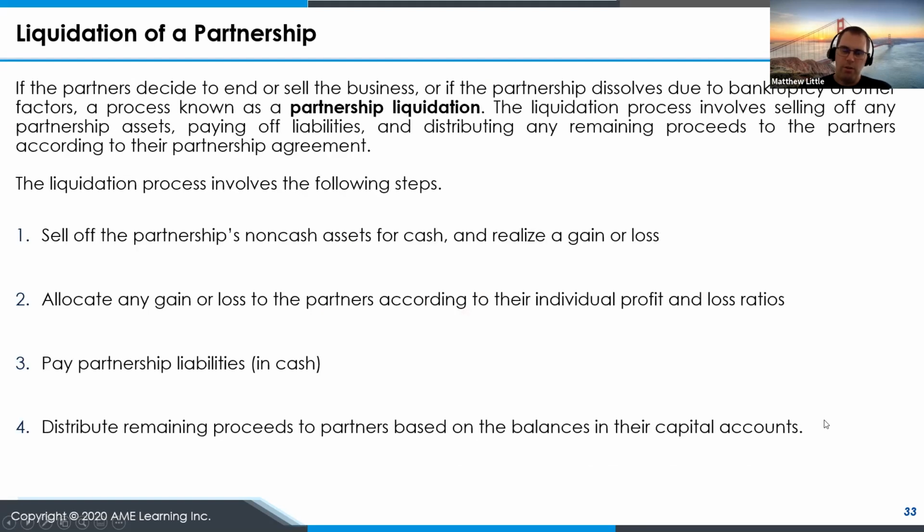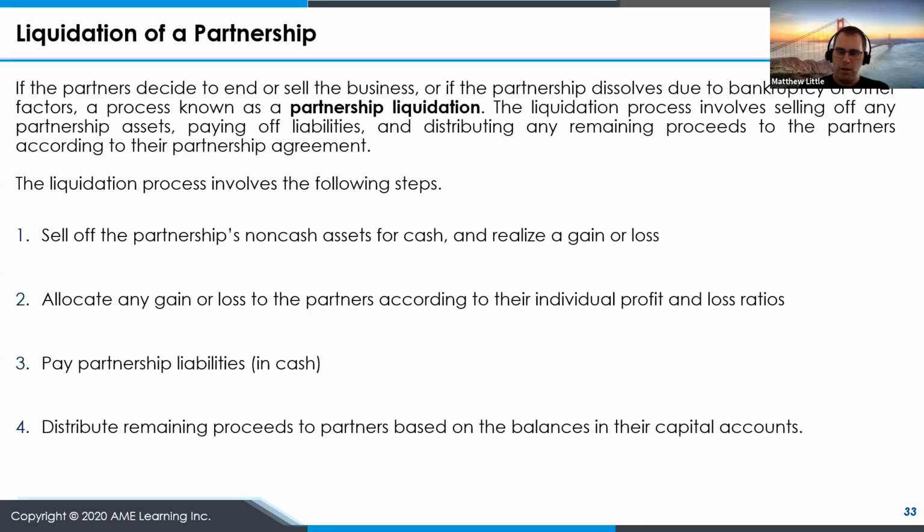Another situation might be where the partners decide to end or sell the business. It might dissolve due to bankruptcy or some other reason, and this is known as a partnership liquidation. This process typically involves selling off any assets, paying any debts, and distributing the remaining proceeds to any partners.